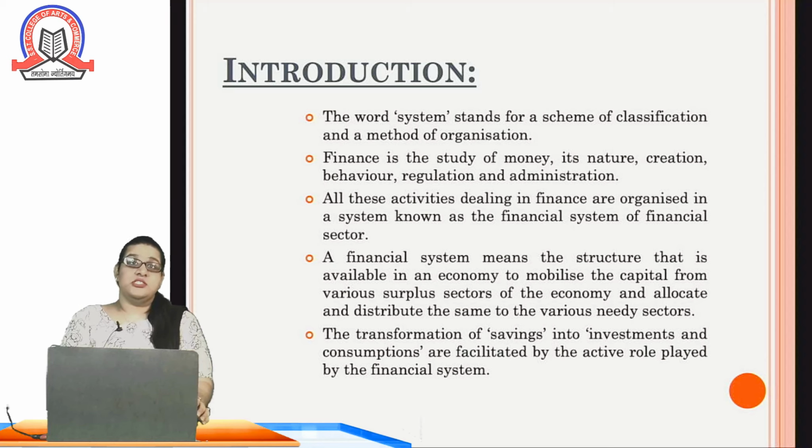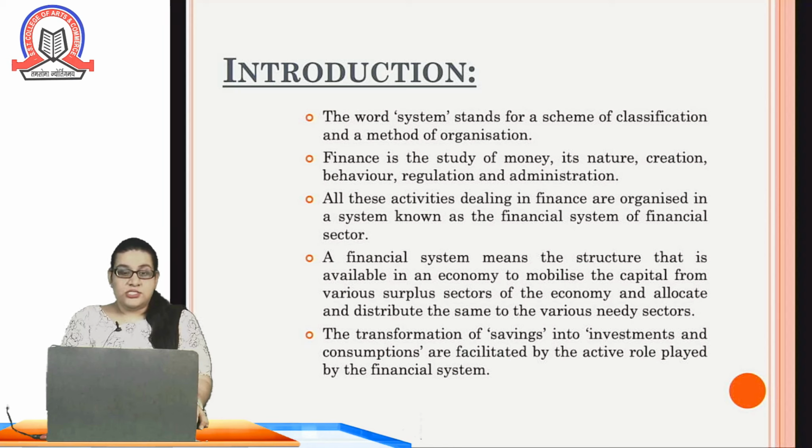So financial system consists of how the money is managed in that country, how finance is created in that country. All these activities dealing in finance are organized in a systematic system known as financial system of the financial sector. Every activity which is connected to finance, like banking, insurance or other financial institutions, are included in the financial system.